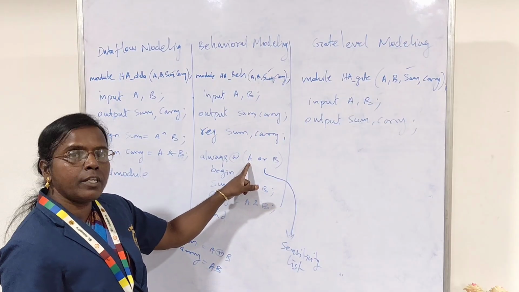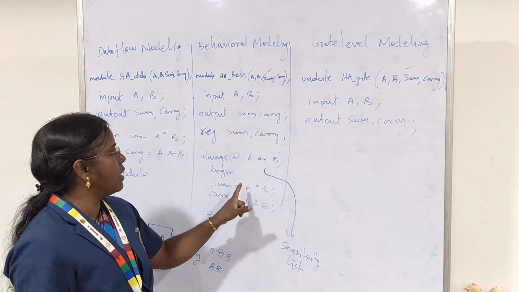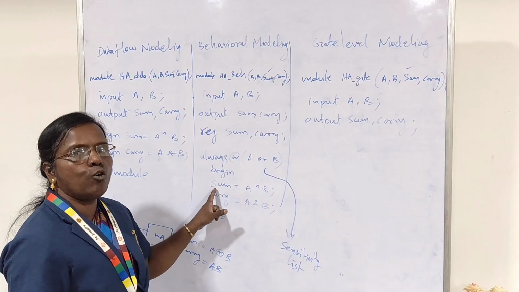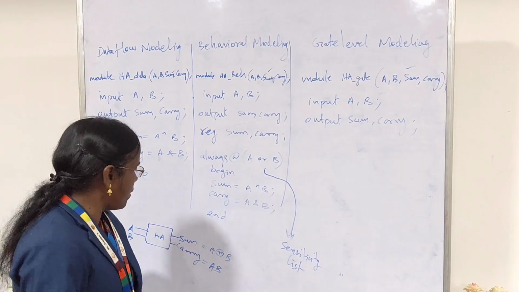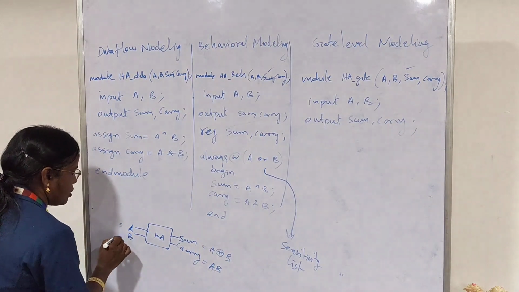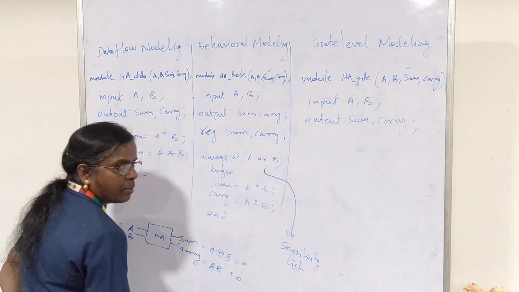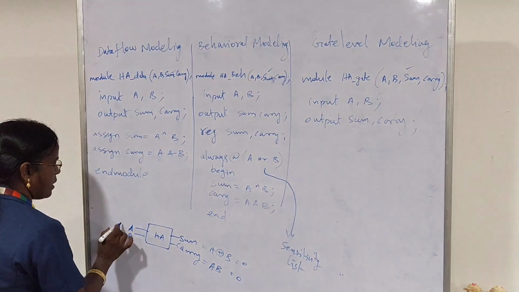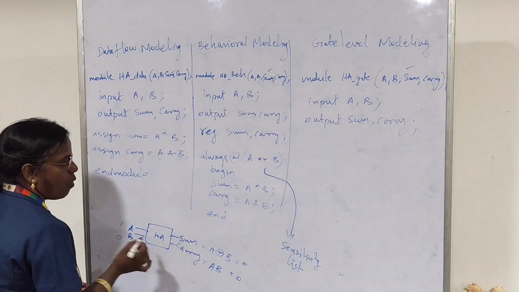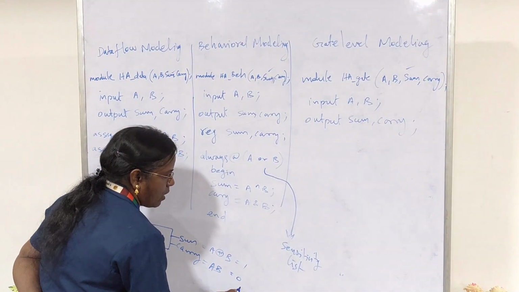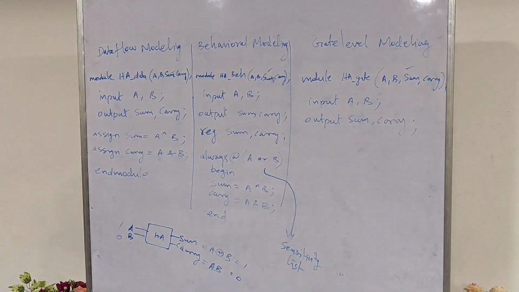Whenever some new event occurs on A or B, at that time the sum and carry outputs will get updated, right? For example, A, B are 0, 0. What is my sum value? Sum will become 0, carry will become 0. Suppose I set the A value as 1. What will happen? My sum value will be 1, carry value will be 0.